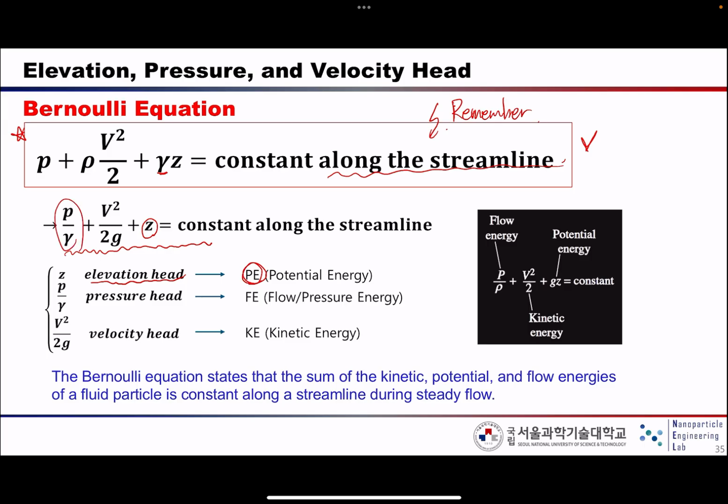The first term has a pressure, so we call it the pressure head; it is related to the flow or pressure energy. The second term is V squared divided by 2g; as you can see, there is a velocity, so we call it the velocity head. It represents the kinetic energy.